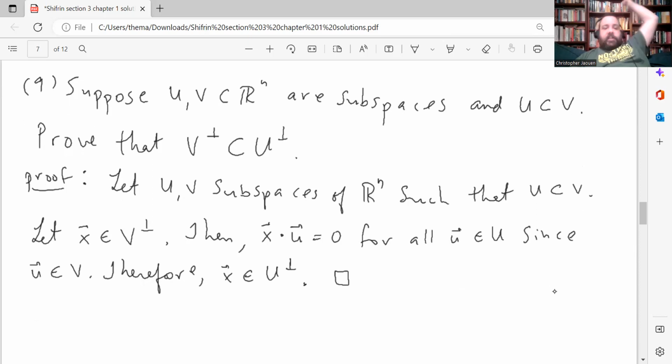Then, since x is in V perp, its dot product with any vector in U is 0, because U is a subset of V, and V perp is the set of all vectors that are orthogonal to V, right? So that shows that x is an element also of U perp, which means that V perp is a subset of U perp since x was arbitrary.